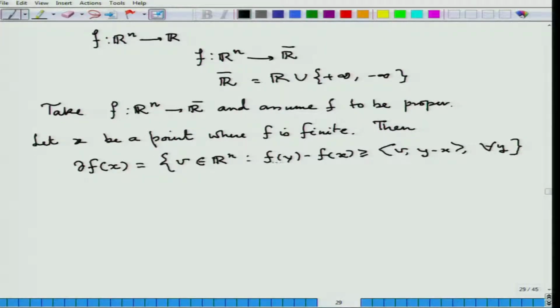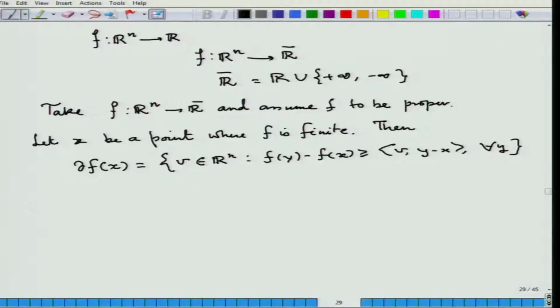Note that if there is a y for which f of y is plus infinity, that does not break this equation at all. So this y has to range over all of R^n. But f of x cannot take the value plus infinity, otherwise it would become meaningless. So f of y can be plus infinity, and that does not harm the equation at all.